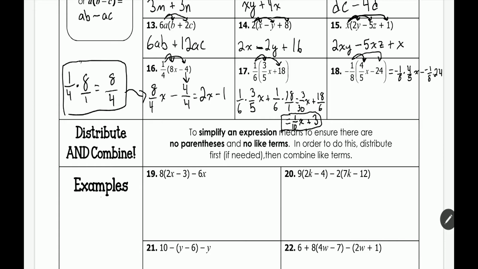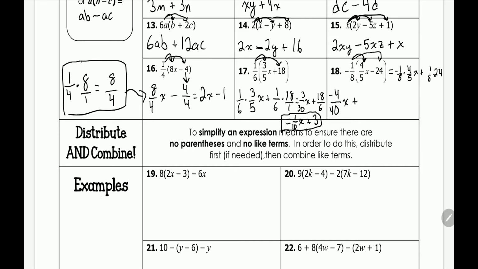And if we simplify these, so since there's two fractions being multiplied together, we're just going to multiply straight across. So negative 1 multiplied by 4 gives us negative 4 over 8 times 5 is 40. This is an x. Then we have, well, let's go ahead and do this. Since we're subtracting a negative, we can change this to a plus. Let me fix that.